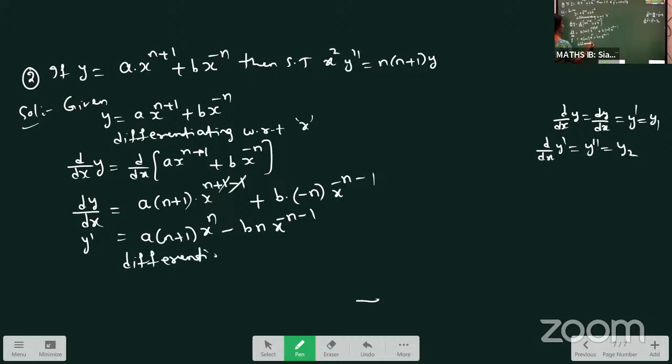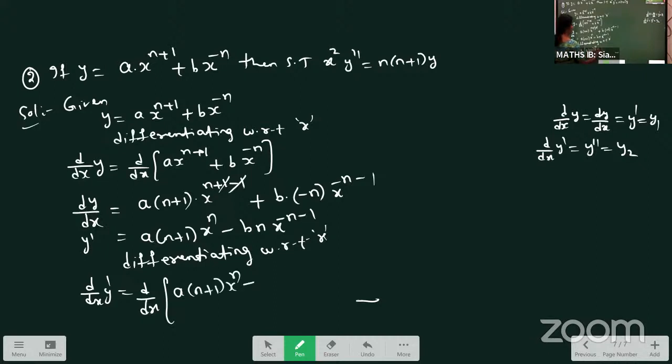Differentiating with respect to x. So d by dx of y dash is equal to d by dx of a into n plus 1 into x to the power n, minus b into n into x to the power minus n minus 1.